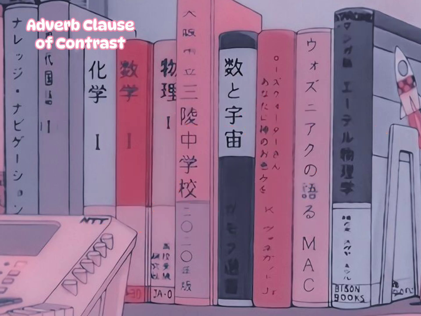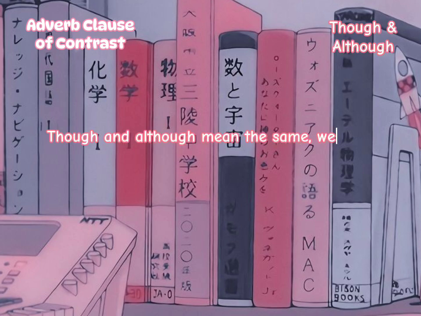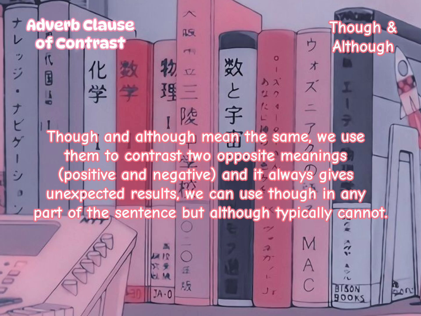The second conjunction is though and although. Though and although mean the same. We use them to contrast two opposite meanings, positive and negative, and it always gives unpredicted results. We can use though in any part of the sentence, but although typically cannot.